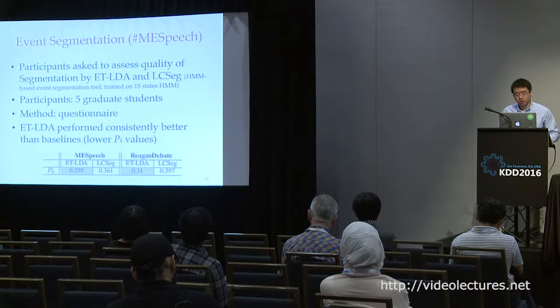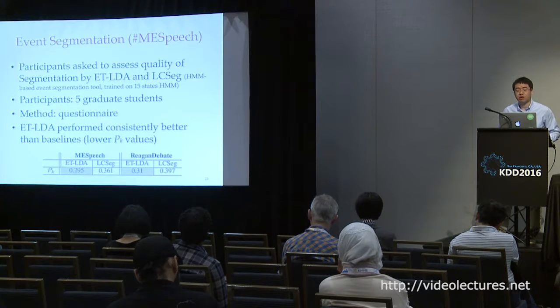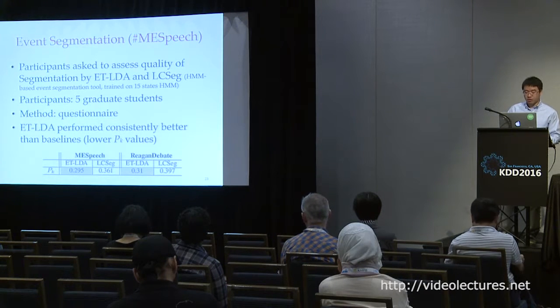After the segmentation, we asked 5 graduate students to see which extracted segments make more sense. In general, we find that ETLDA performs much better, achieving a lower PK value, where the PK value essentially represents the probability of wrong segments. So the lower is better.